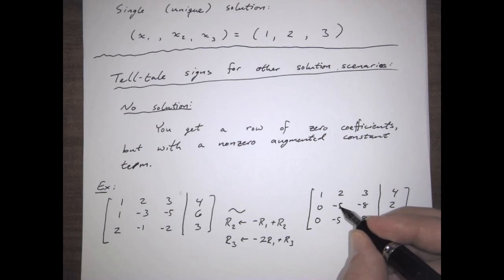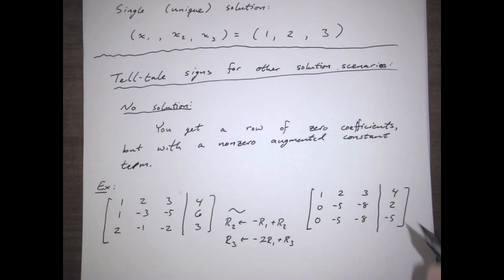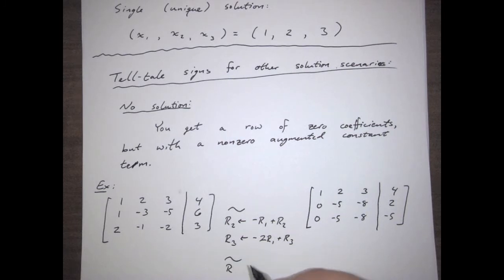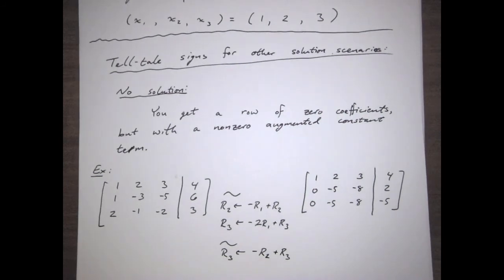We notice these are the same number, so if we just multiply by its opposite, that should take care of that just fine. So row 3 is row equivalent to the result of taking row 3 and replacing it by negative row 2 plus row 3. That should clear up the x2 from row 3 just fine.